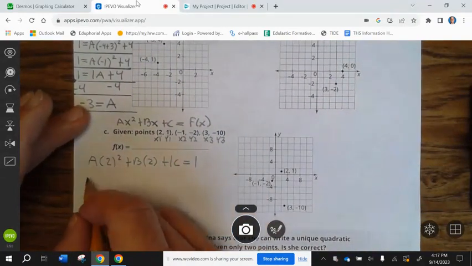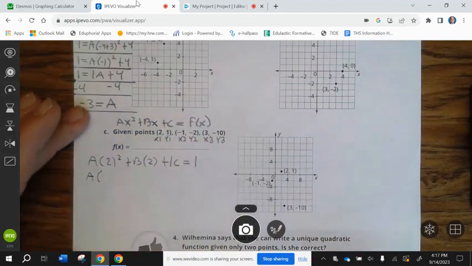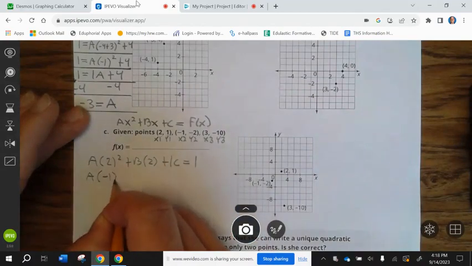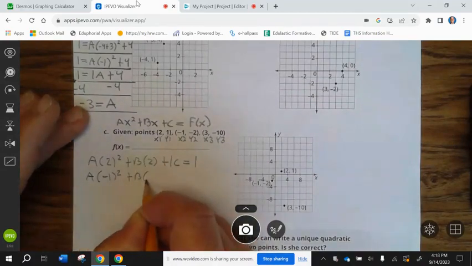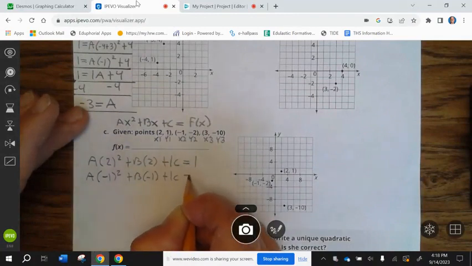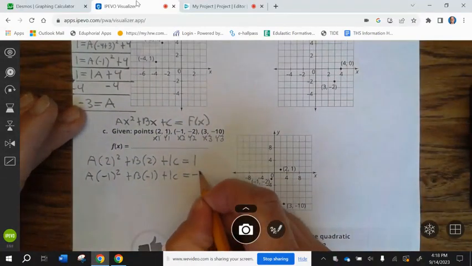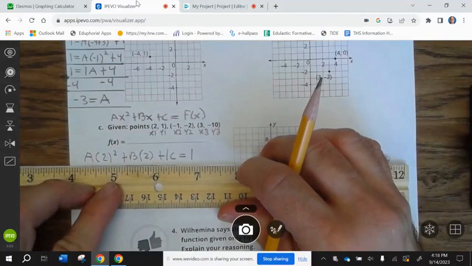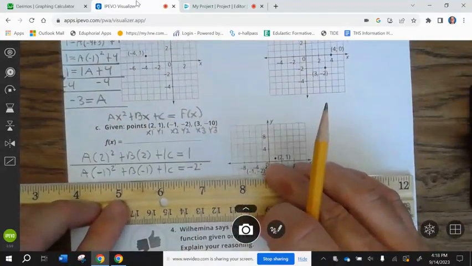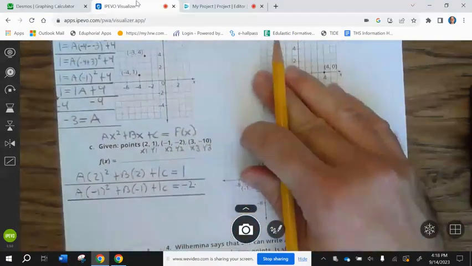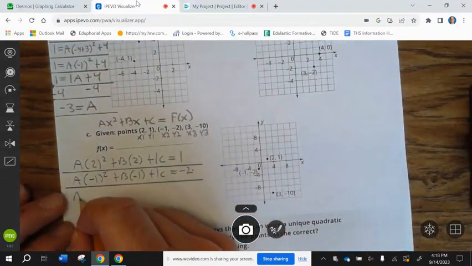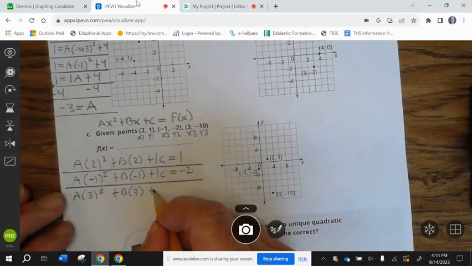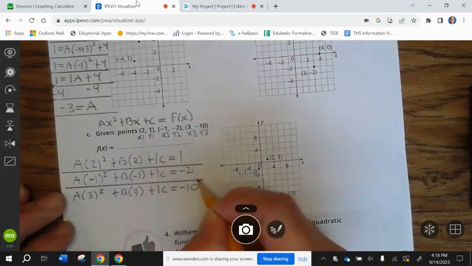Then my second equation is a, parentheses negative 1 squared plus b times negative 1 plus 1c equals negative 2. And then I have a times 3 squared plus b times 3 plus 1c equals negative 10.